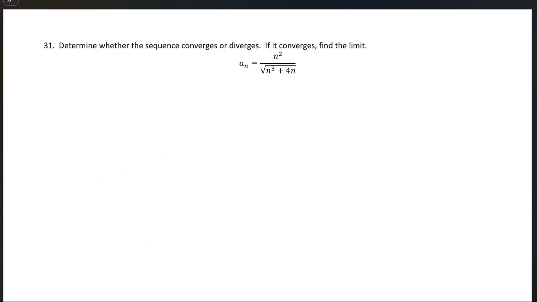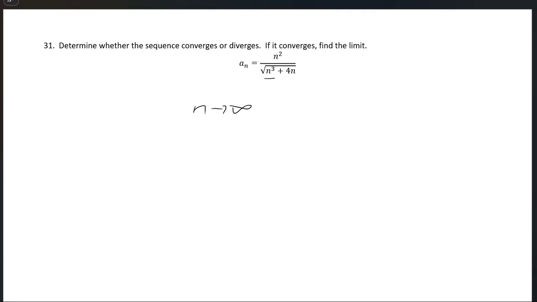What about this guy? So in this one, we can use the same principle as we did before. Okay? Let me explain and let me show you the long way to do it. As n approaches infinity, on the denominator, let's look inside the radical. Which term will dominate, the n cubed or the 4n? Clearly, the n cubed will dominate as n keeps getting bigger.